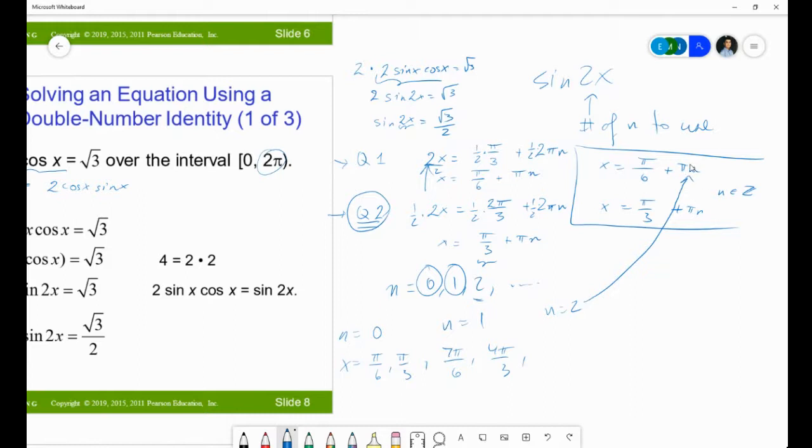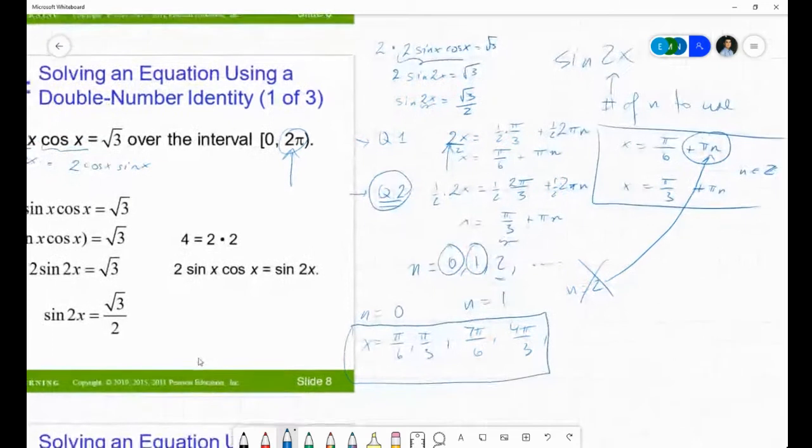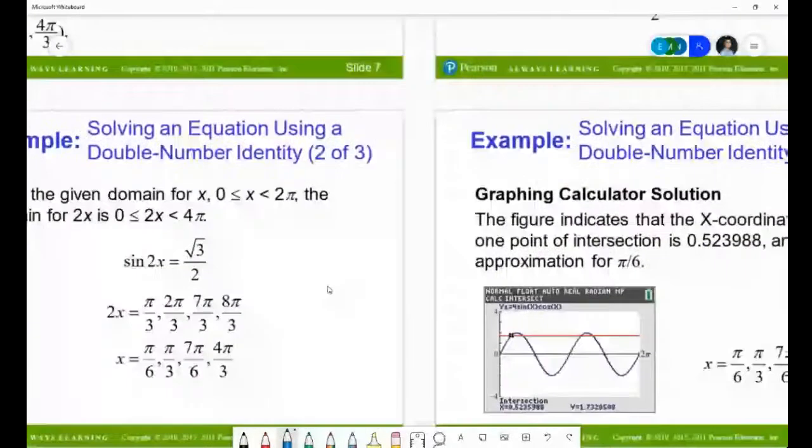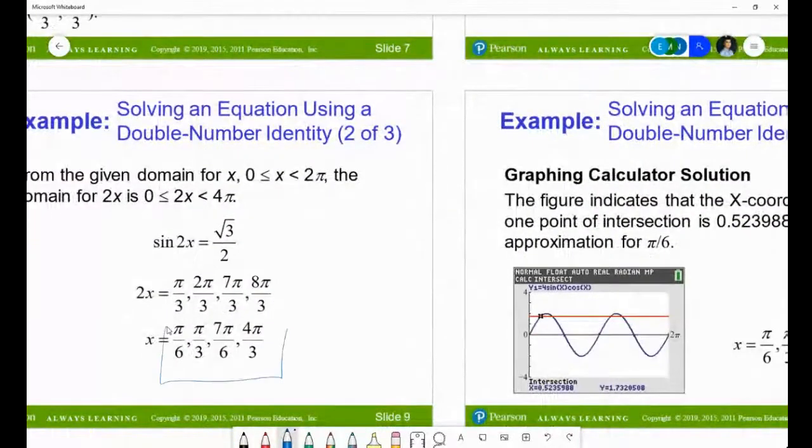If I plug 2 in here, I'm already going to have 2 pi. 2 pi plus pi over 6 is already over 2 pi. So therefore, I cannot use n equals 2. So this would be my solution. Does that make sense? And there are your 4 solutions here.